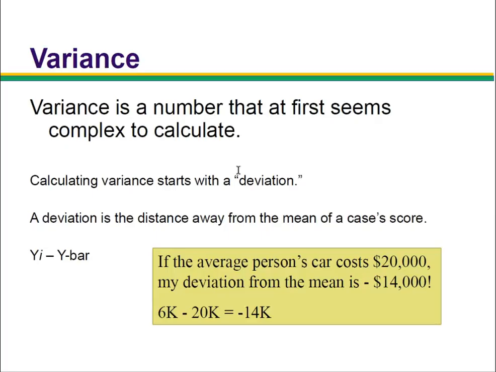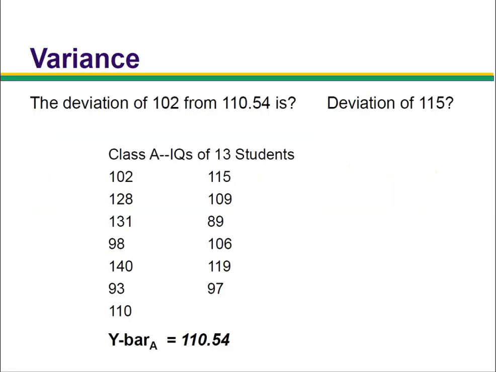If we just added up all the deviations, we'd get 0 every time, because that's the mathematical definition of the mean. So instead of doing that, we square each deviation to eliminate the negative signs, and these are called the squared deviations.